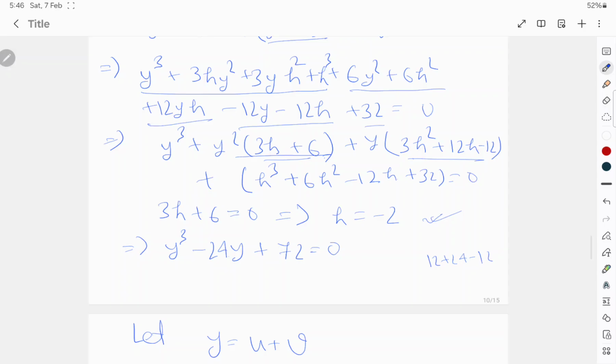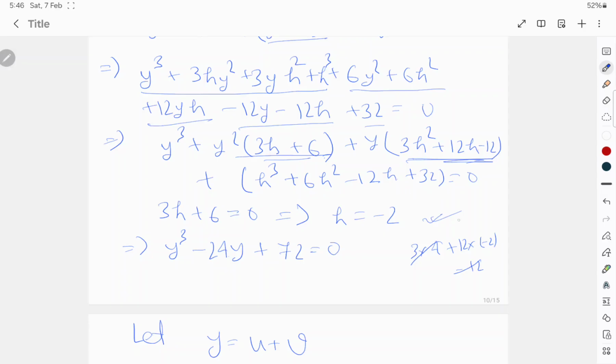Now if you substitute h equal to minus 2 in this expression, 3h square plus 12h minus 12, what do we have? 3 into minus 2 square, that is 4, plus 12 into minus 2 minus 12. So what value are you getting? I think minus 24, right? This I have written.